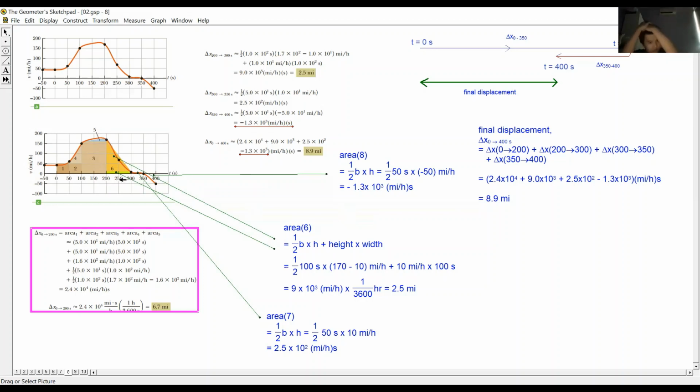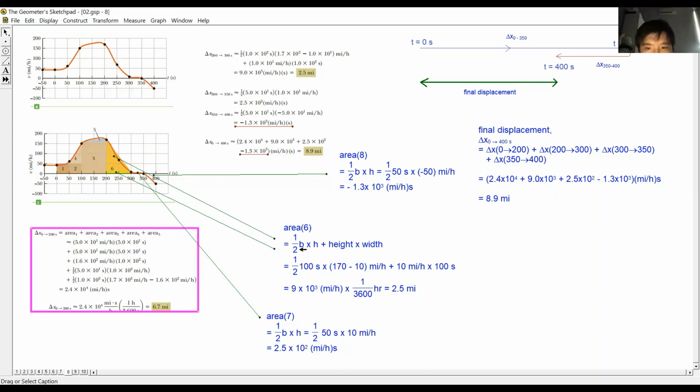Now this area number 6, when we find the total area, it is supposed to be a trapezium, with a right angle triangle joined to a green rectangle at the bottom. So the first part, the right angle triangle, is half base times height.